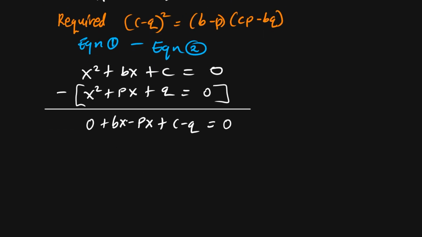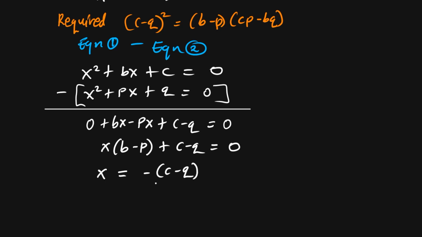So this is the same as, x is common, we have x into (b minus p) plus (c minus q) equals 0. So let's make x the subject of the formula. This will become x equals negative (c minus q) all over (b minus p). So let's substitute this value of x in any of the equations, equation 1 or equation 2.